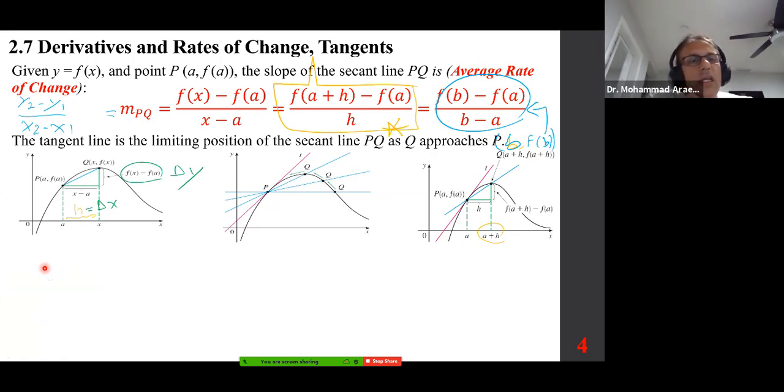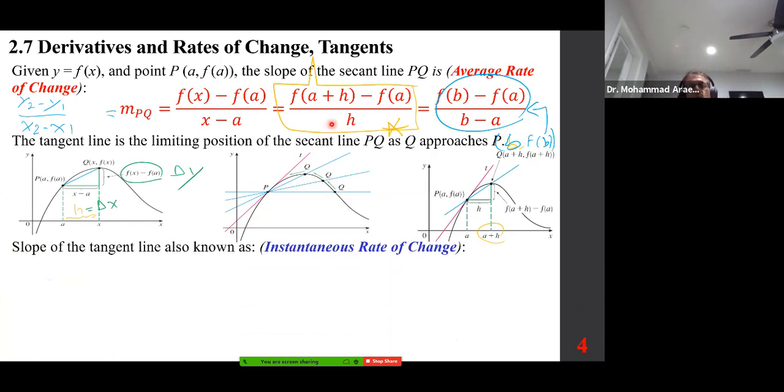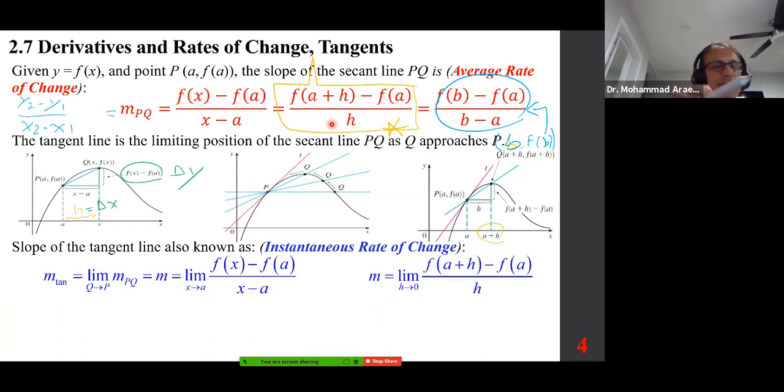And so if you draw different points and try to get closer and closer to P, in a limiting sense, you are getting to this line, red line, known as a tangent line. So slope of a tangent line, also known as instantaneous rate of change, is this limit.